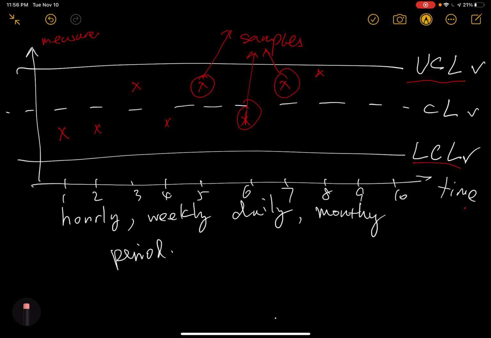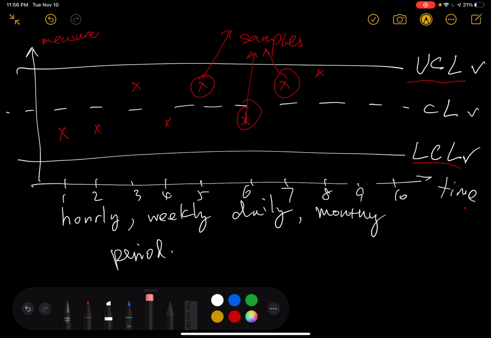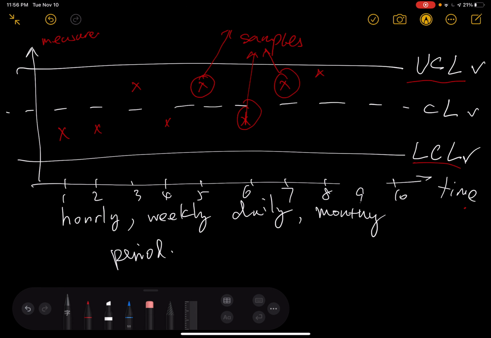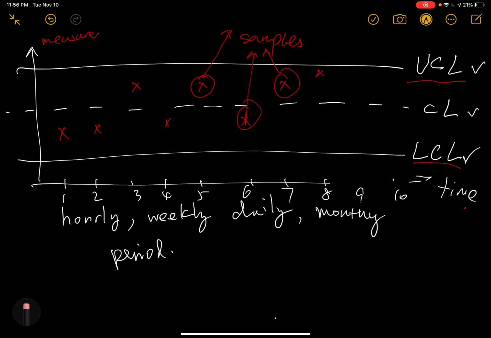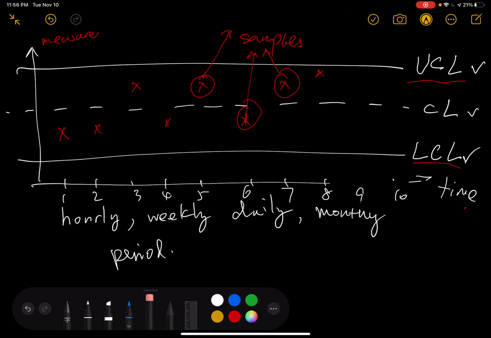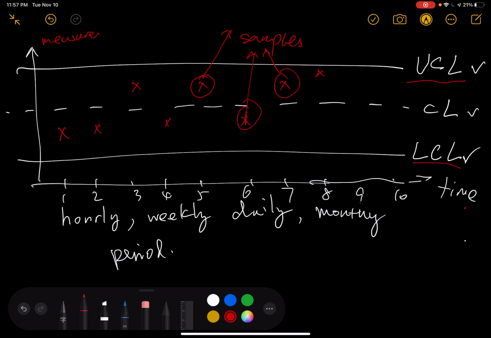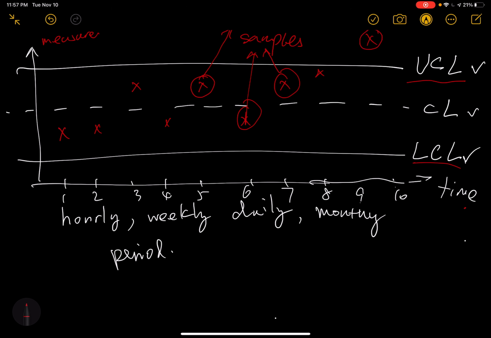However, if in period 9 we observe something bad happening, this sample is beyond the upper control limit.